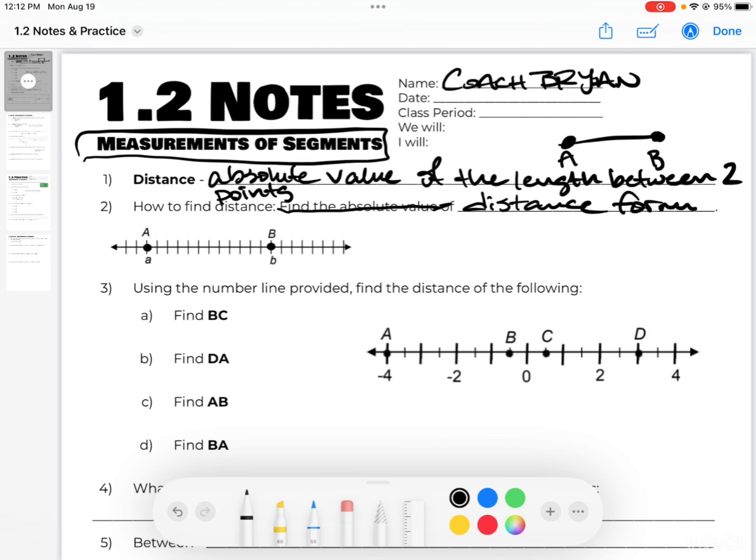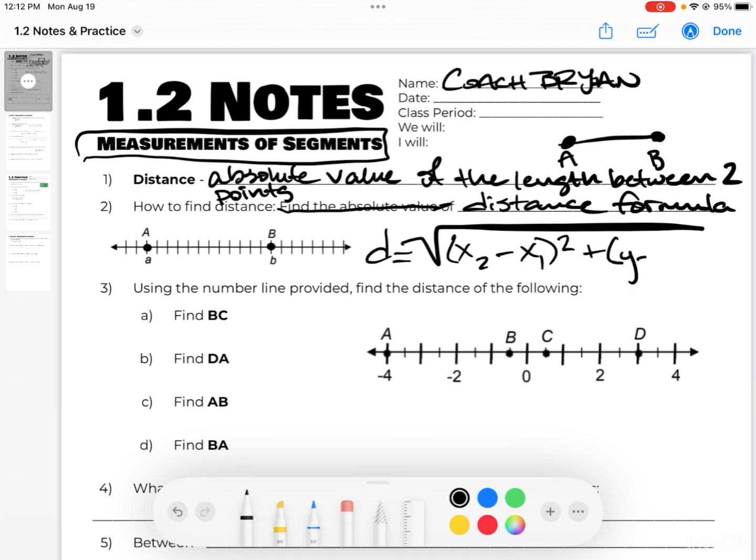This is also in your notes, but the distance formula is the square root of 2 points. You would take the x of the second point and subtract the x of the first point. Whatever that difference is, you would square, and then you would add that to the y of the second point minus the y of the first point squared.